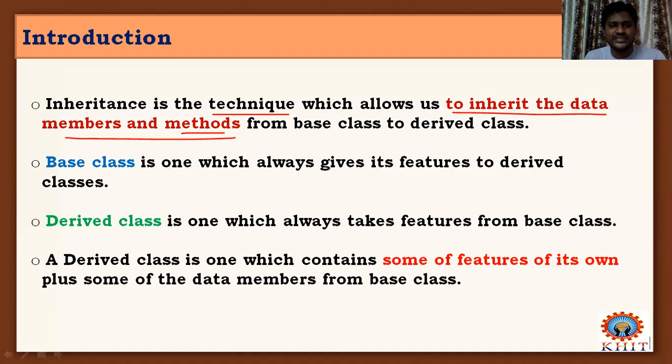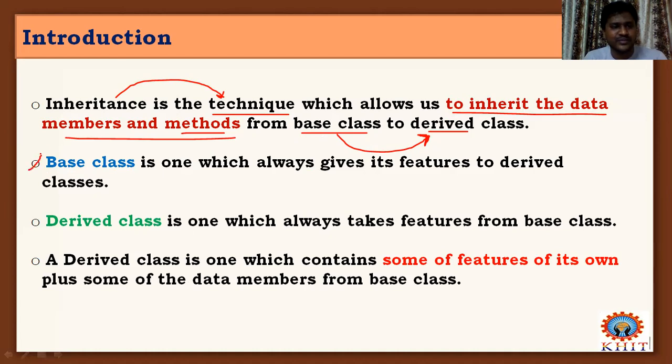So from the base class, we can inherit all the members to the derived class, and give some access to the derived class for those members defined in the base class, right?